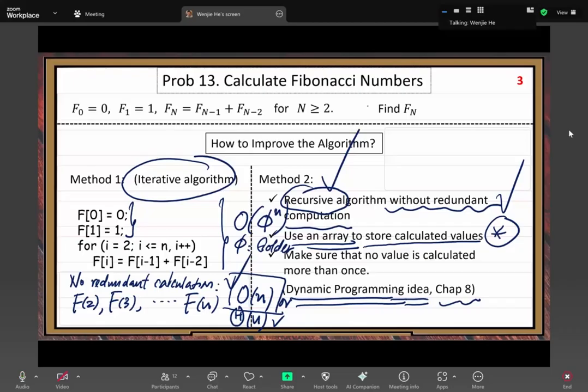So you can see the implementation is so simple. Just a few lines, and we can avoid all the redundant calculation. But the idea is big. Let me talk about the essence of the idea. What's the essence? No repeated calculation.